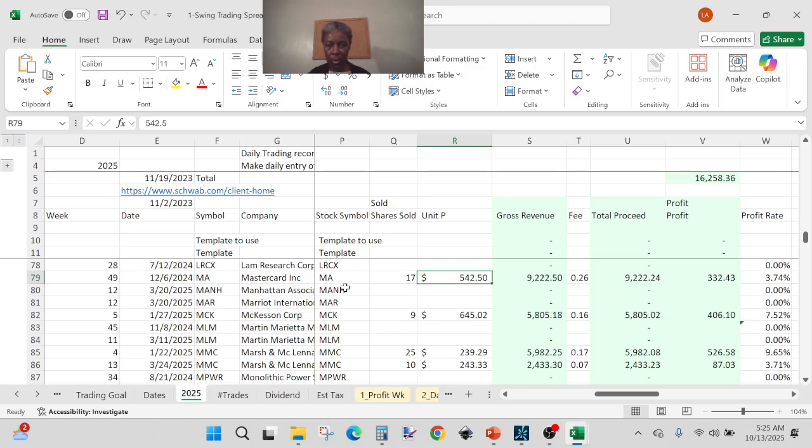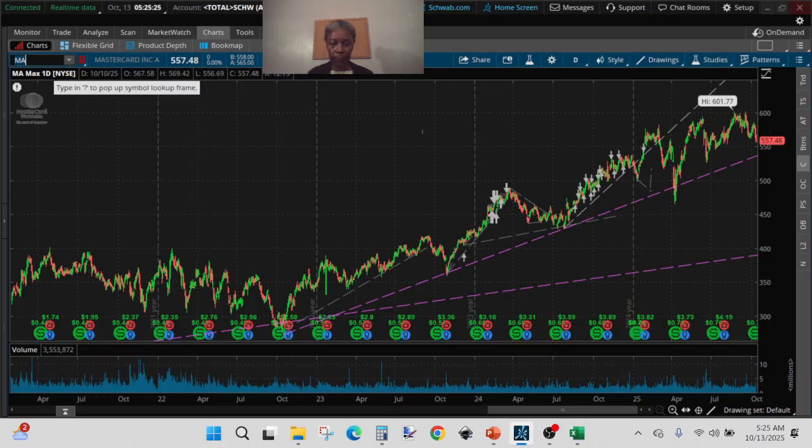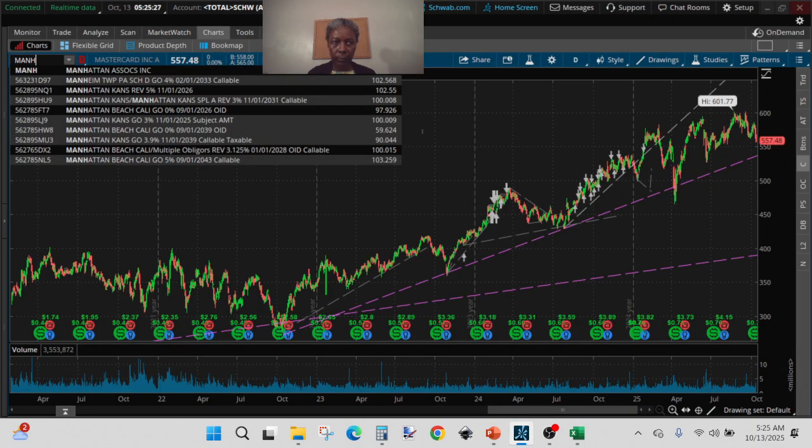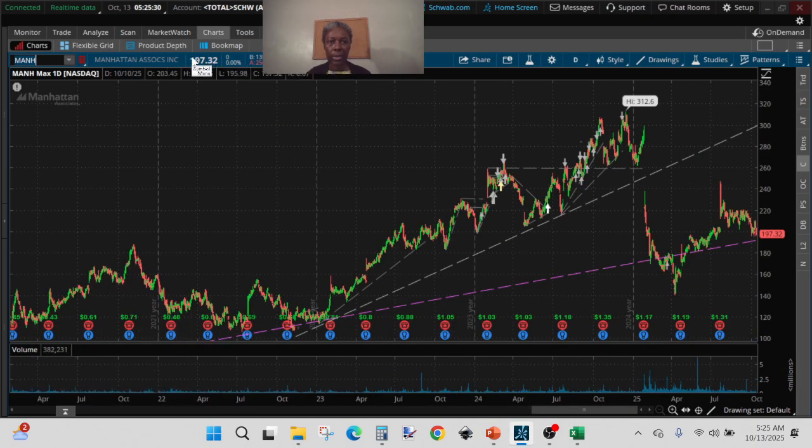And as for this one that we purchased for 173, we can see how much it is selling for right now. There is about $220 profit per share accumulated for the time being.